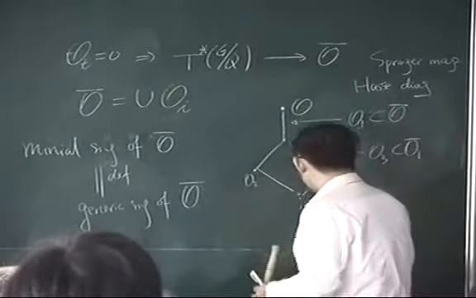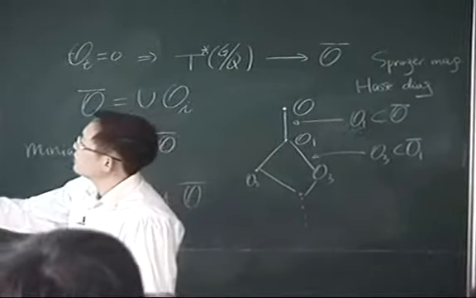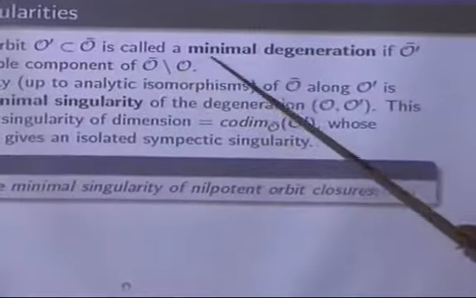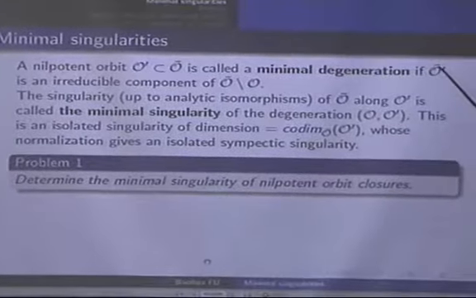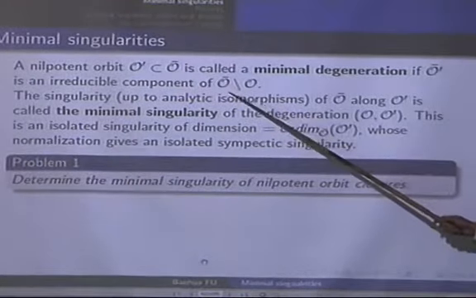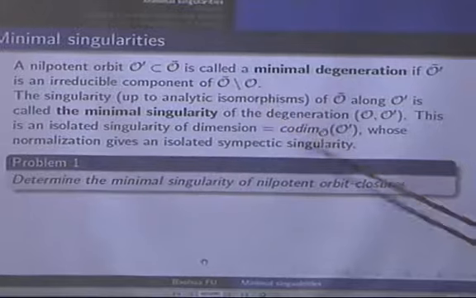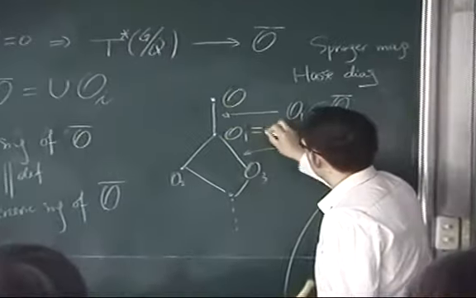This means, for example, I take a minimal degeneration, meaning this O prime bar is an irreducible component of the singular locus. So you get something like this. So this is O prime in your notation.